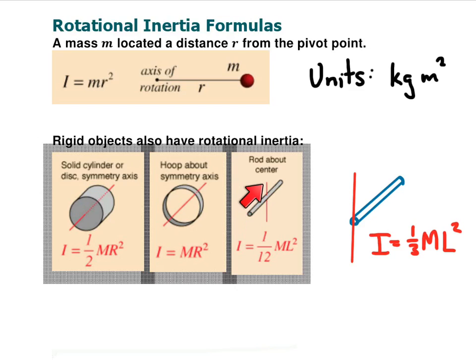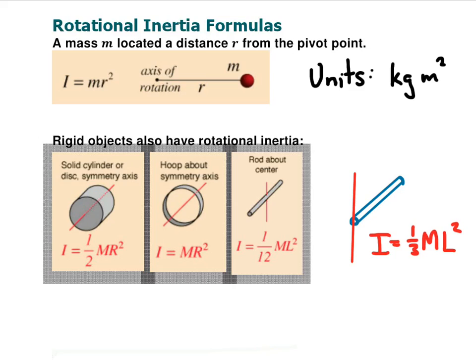In this case, we are spinning a rod around its center, but here we are spinning a rod around one of its ends. And notice that they have two completely different formulas. Well, I shouldn't say completely different, but this one is 1/12 ml squared. This one is 1/3 ml squared. So you have to be careful when you're looking these up.